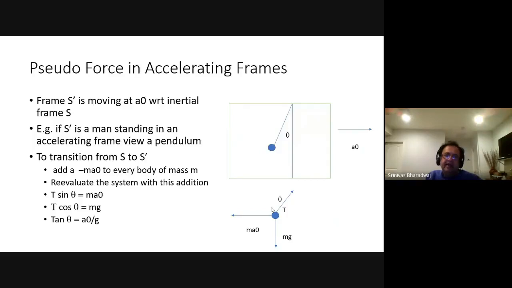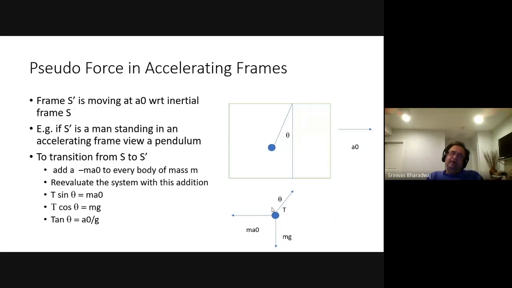Dividing the two equations, the T's cancel and the m's cancel, therefore tan theta equals a naught over g. So if you accelerate further and further, the pendulum will start going higher and higher. That's what they are saying.